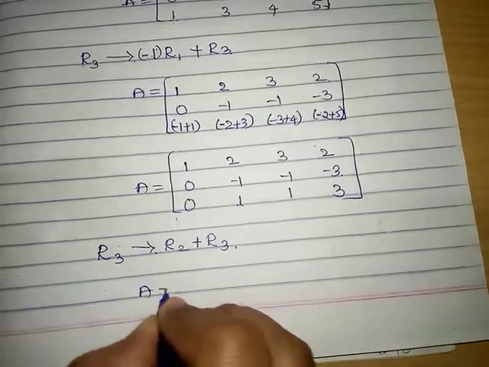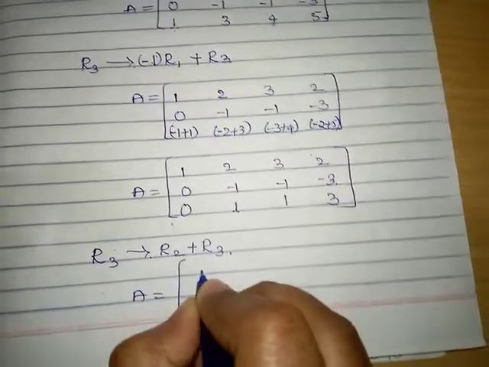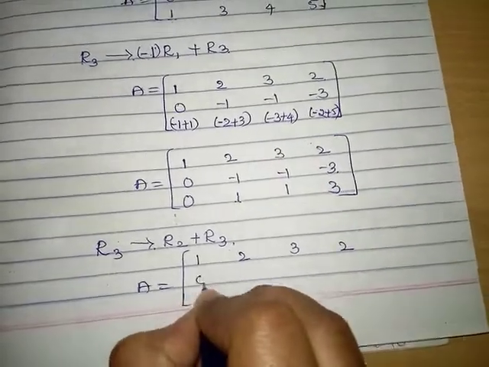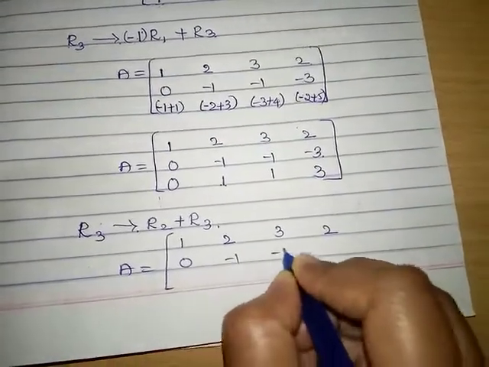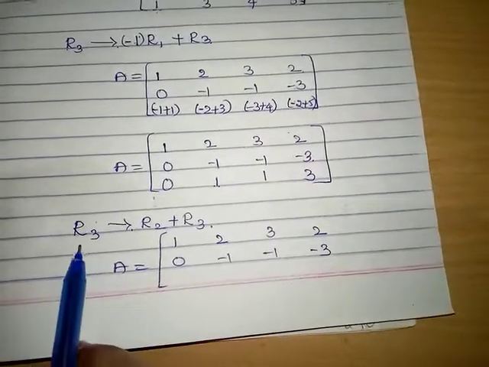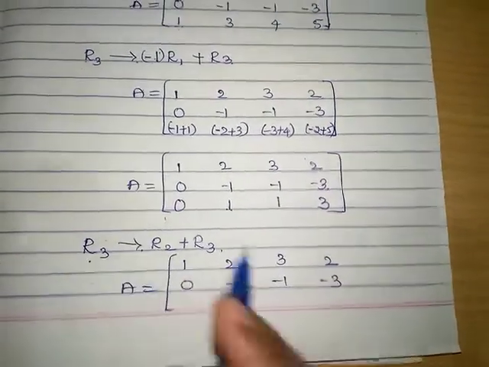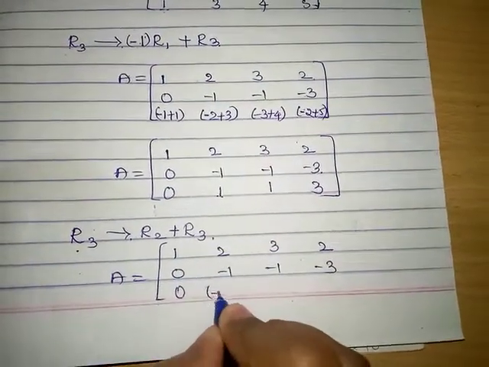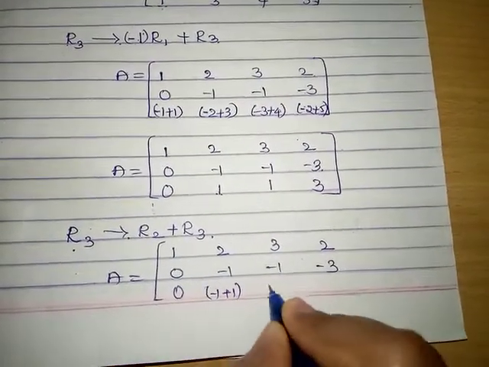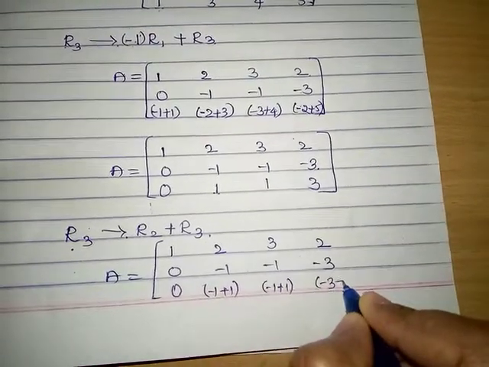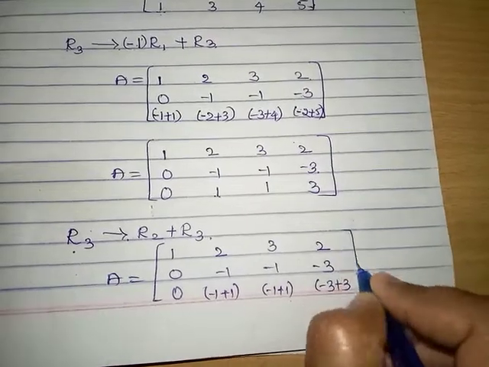Then matrix A is equal to 1, 2, 3, 2, 0, minus 1, minus 1, minus 3. First row and second row are as it is, because we are applying the transformation to R3. Then it is 0, minus 1 plus 1, minus 1 plus 1, minus 3 plus 3.